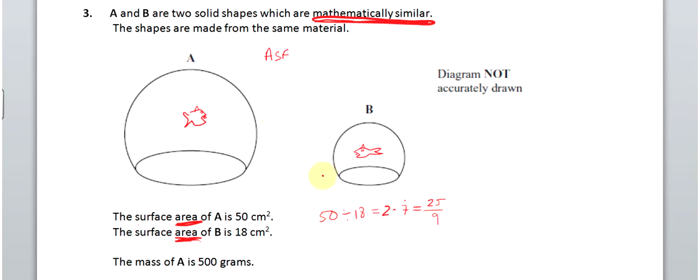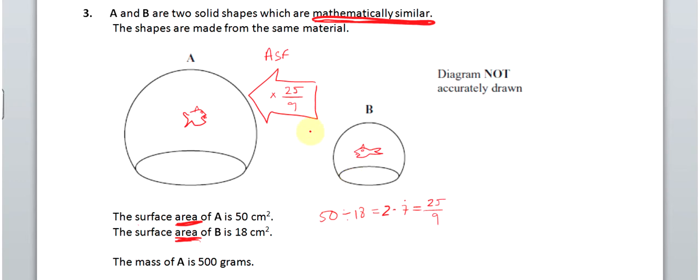So, what that means is to go from B to A, this direction, the area scale factor is 25 over 9. So this one here is 25 ninths times bigger, or 2.7 recurring. I've written the fraction because I think it's a bit neater than having a recurring decimal, but you might prefer that.